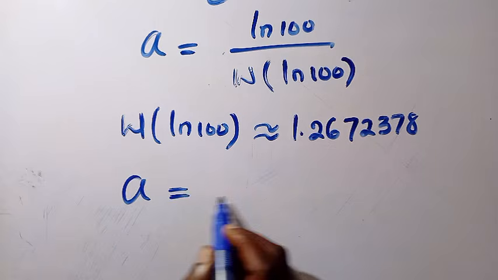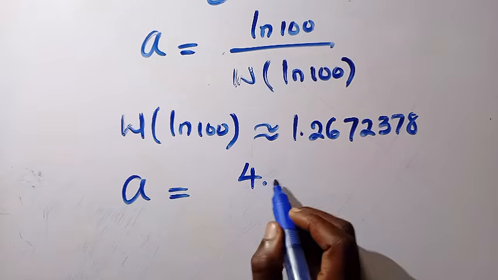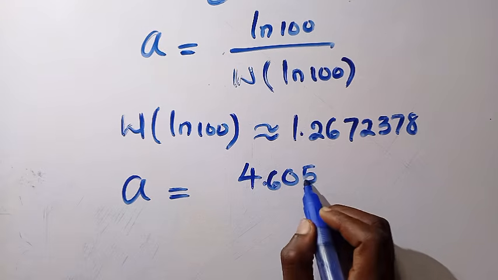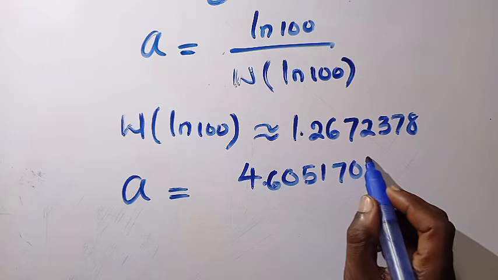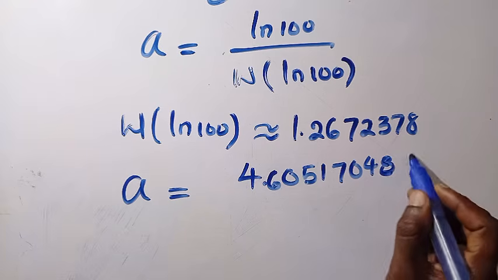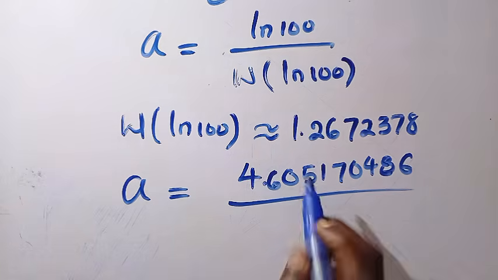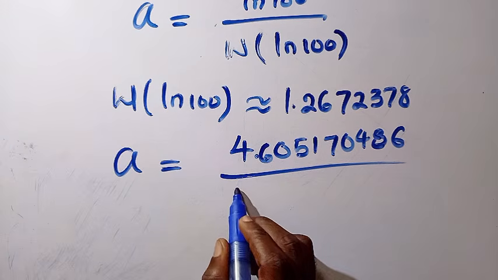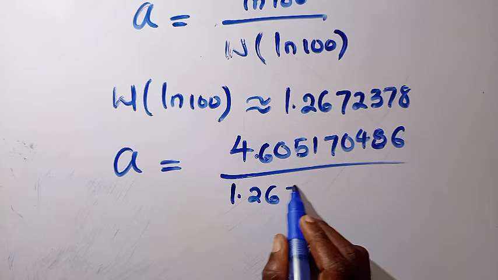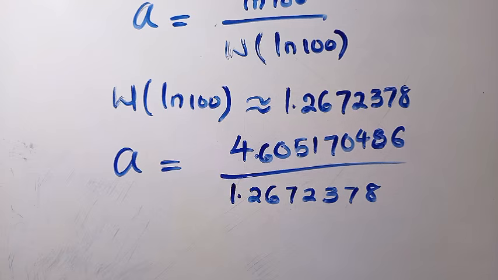Therefore we have A equals ln 100, which was gotten before and is approximately 4.6051704348, divided by the omega of ln 100, which is 1.2672378.